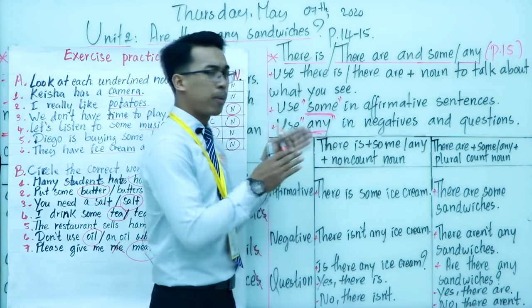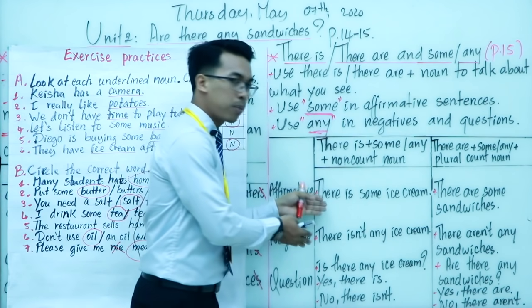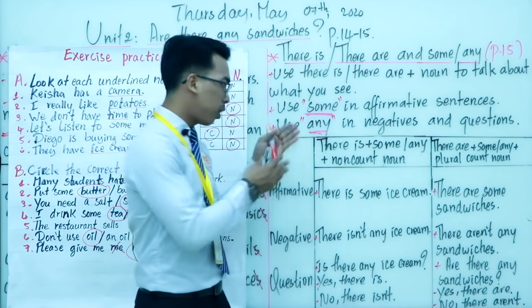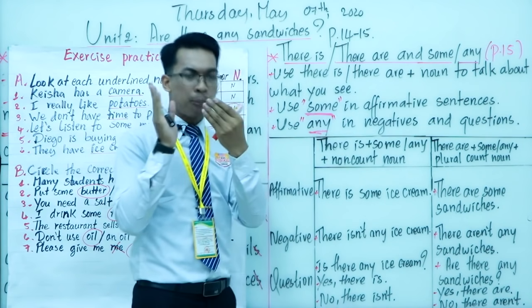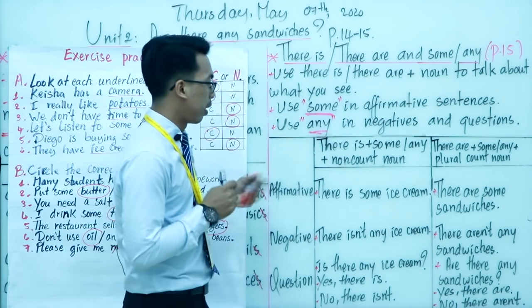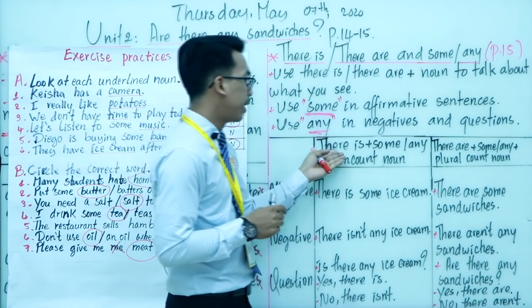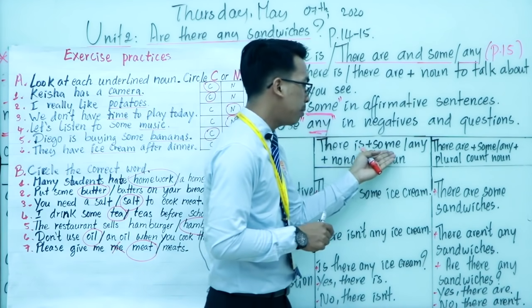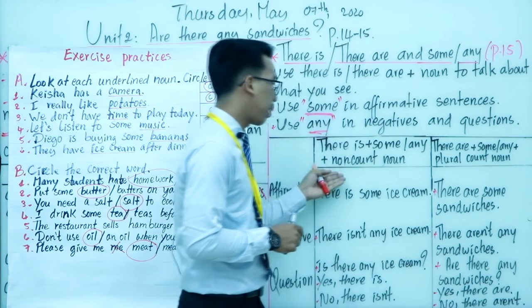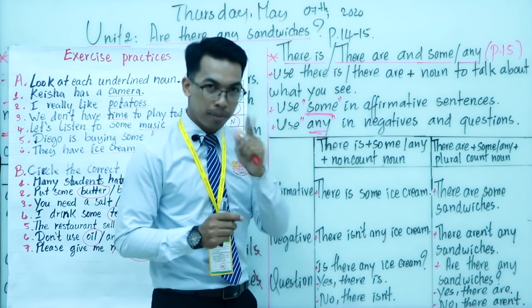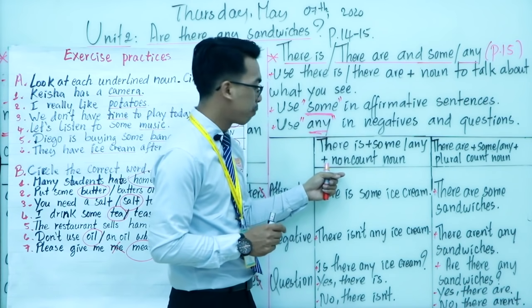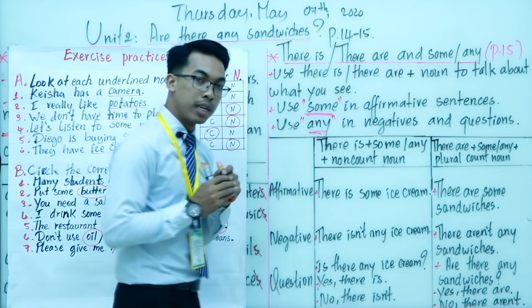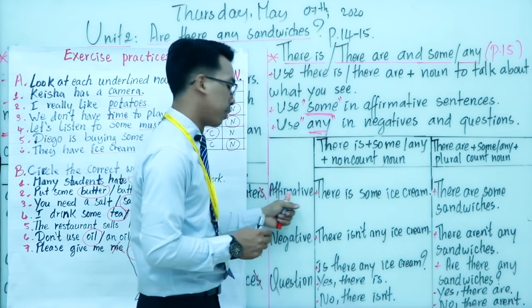And you know, everyone, this also relates to the first object, about count nouns and non-count nouns. Remember this form. Now let's look at the example in affirmative.